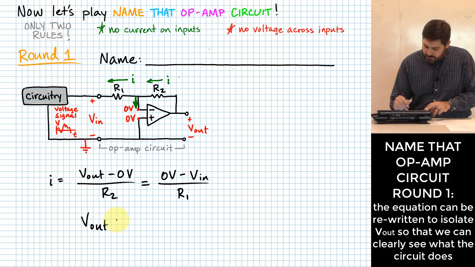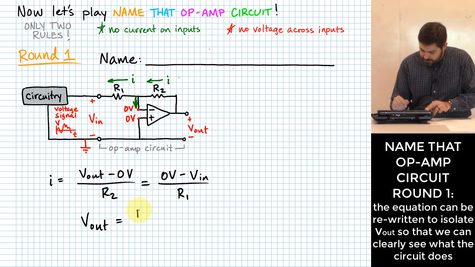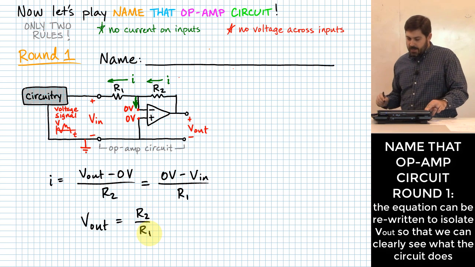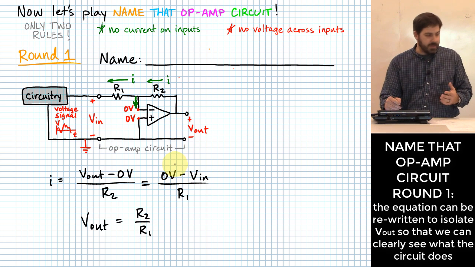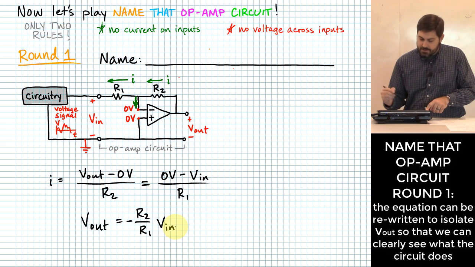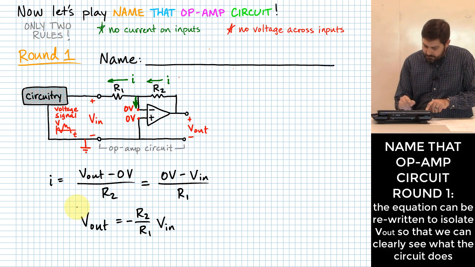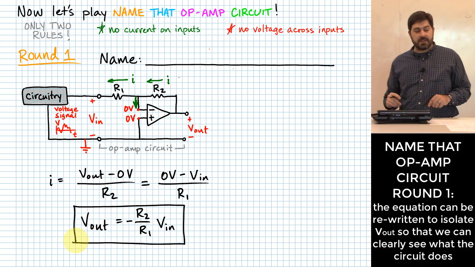V out, I can multiply both sides by R2. That's going to be R2 over R1. Okay. The 0 volts is just 0, right? So I could ignore that. What I'll do is I'll pull that negative sign of V in out in front, and all this ends up being R2 over R1 times V in. So that is how it behaves.